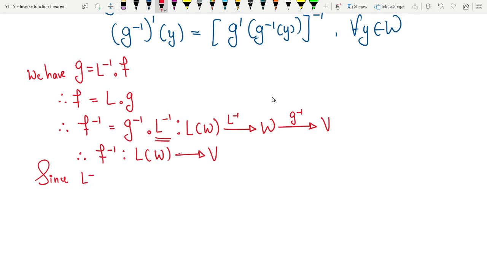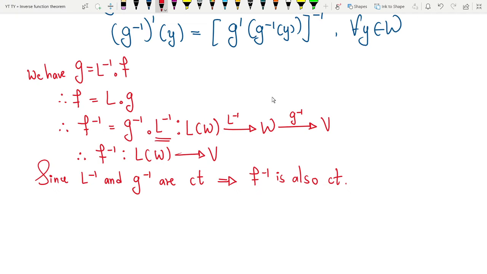Since my L inverse and g inverse are continuous, whatever is the composition, that is f inverse, is also continuous. So the inverse exists, it is also continuous. Okay, this CT means continuous.